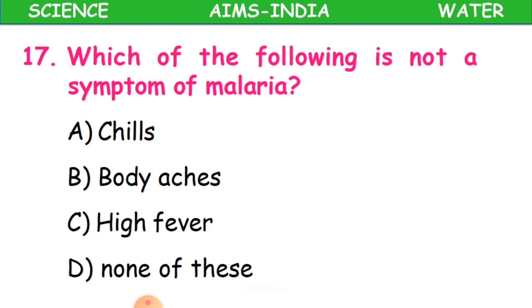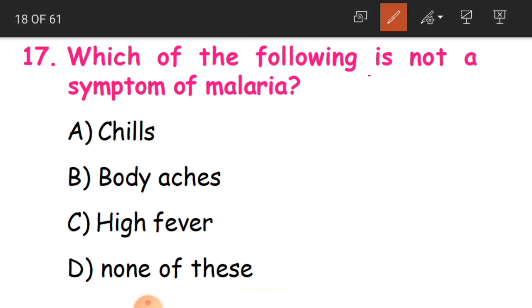Clear, children? Now the 17th question. Which of the following is not a symptom of malaria? Chills, body aches, high fever and none of these. When you have malaria, you have chills, you have body aches, which is nothing but body pains, and you also have high fever.